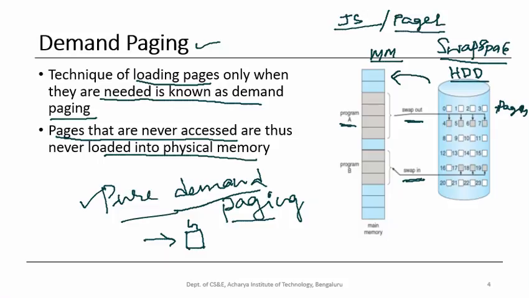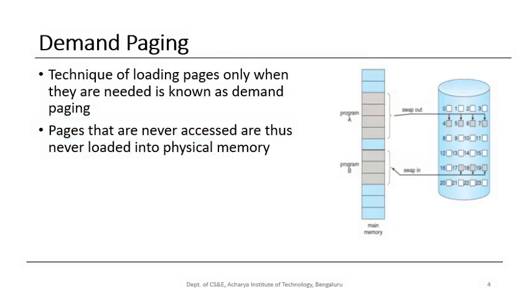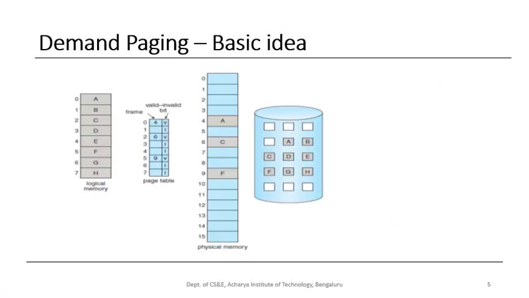Now let me erase all this, and let us move on and see what support the demand paging concept gets. In the page table, we have seen that there is only one entry, that is the page number and the corresponding frame number.